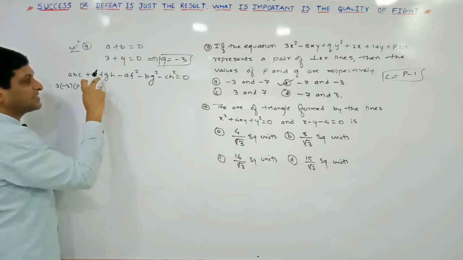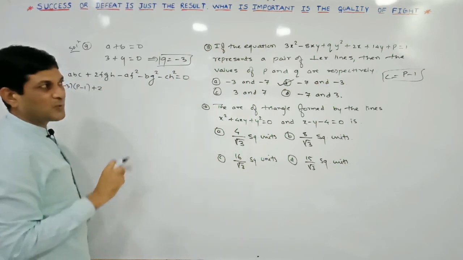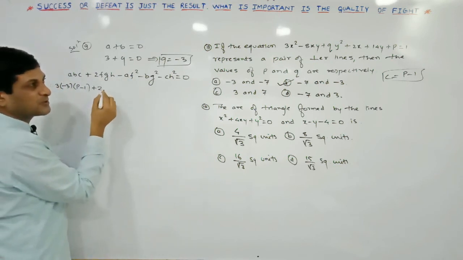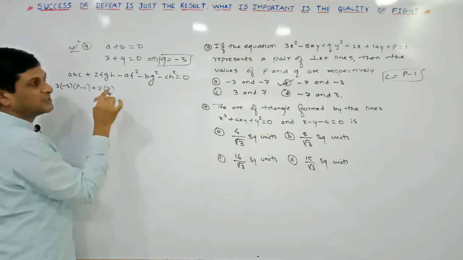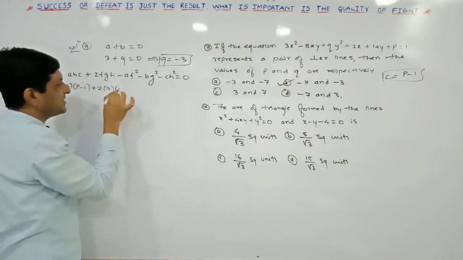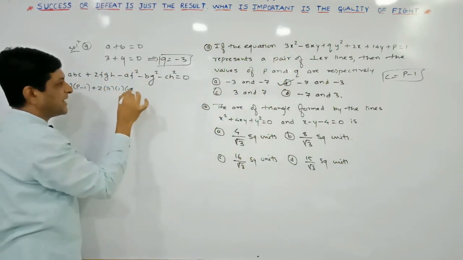Plus 2, keep it as it is, f. F means what? The coefficient of y gives us the value of f. 2f is equal to 14, means f is equal to 7. 2g is equal to 2, means g is equal to 1, and 2h is -8, means h is equal to -4.